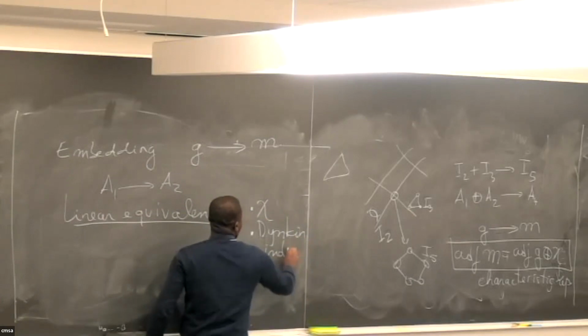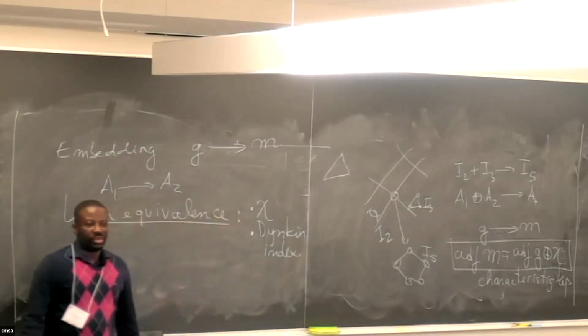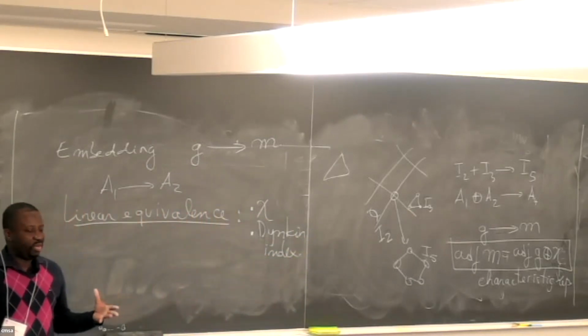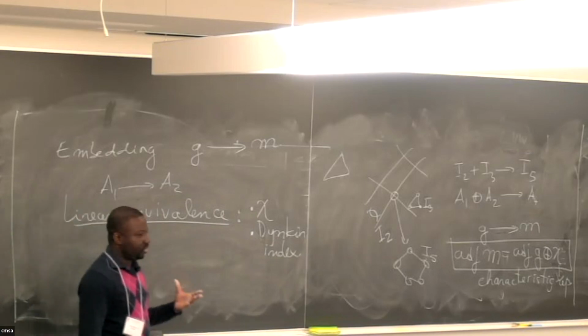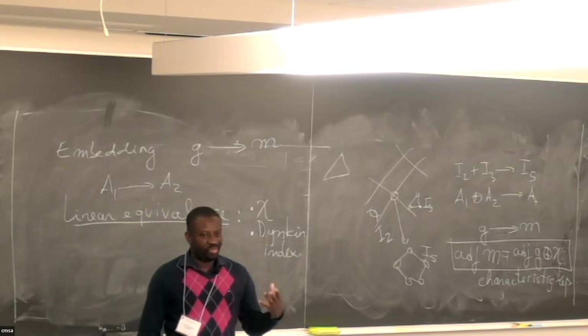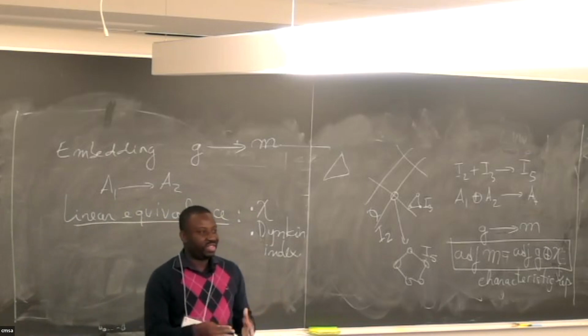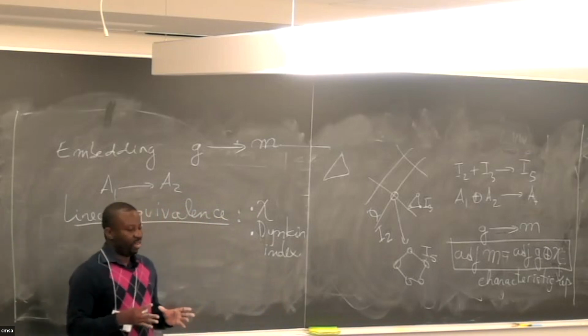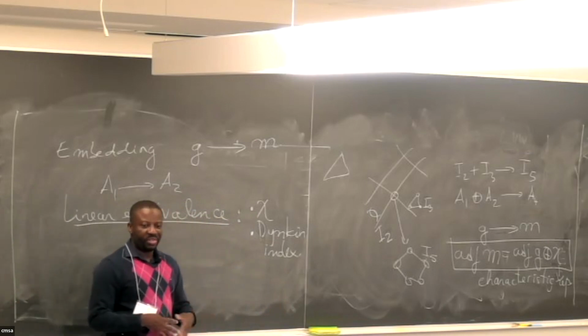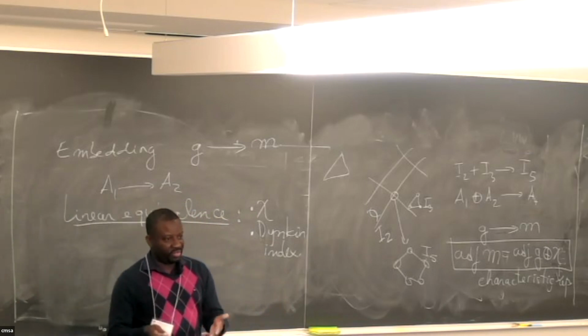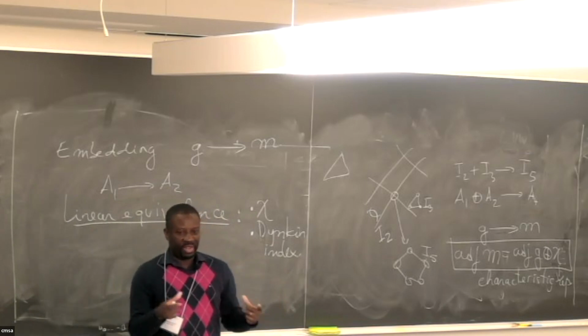index of your embedding. So the Dynkin index somehow is like the cheapest data you can give to an embedding. For any Lie algebra, you can define the Killing form, and then you can normalize the Killing form so that the longest root has length 2.